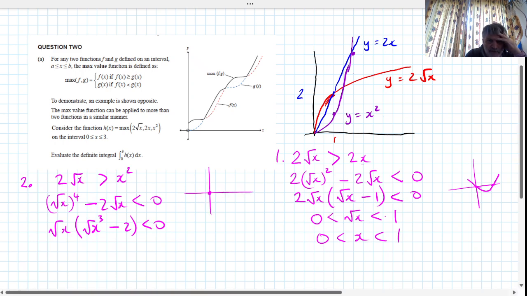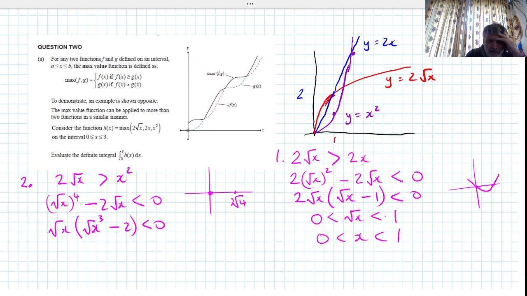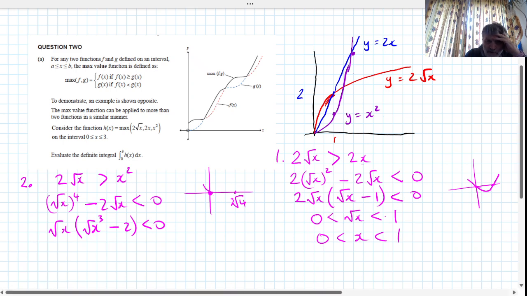So same thing, it goes through 0, and cube root of x equals 2, so I think that's going to be the cube root, x cubed, square root of x cubed equals 2, so take the cube root and then square, so we've got something that goes through these 2 points.